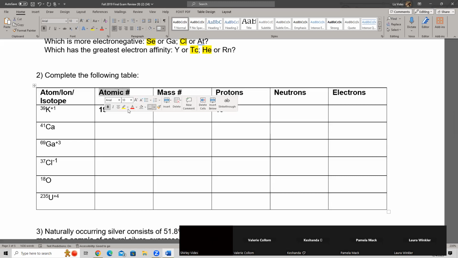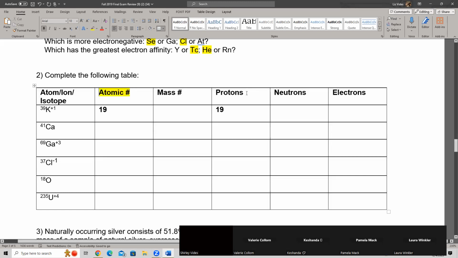You should never change these. The mass was given to you, so that is 39. Neutrons, you just subtract these two. Mass minus protons gives you 20. And the electrons, the positive 1 indicates that you lost 1, so it's 18, right? Remember that?